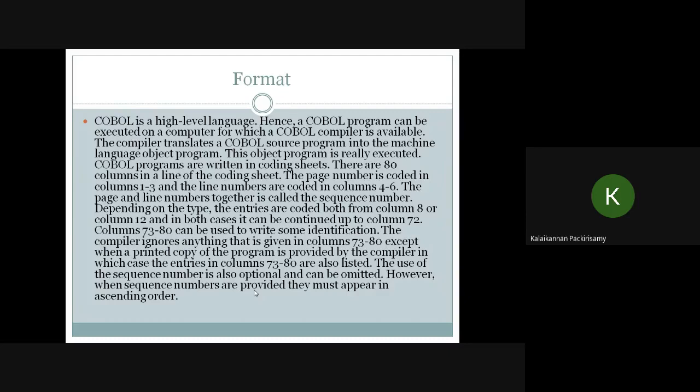Next, we start our coding entry from column 8. This column 8 is very, very important, so we start our coding here. We have various divisions. In the C language you have learned, we have header files, and your program works based on the header files.